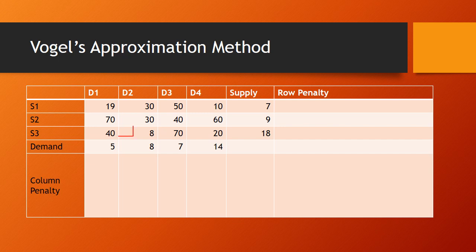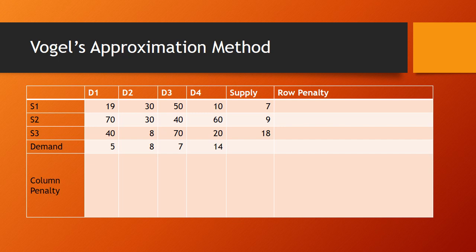Let's say this 8 is the least, so we will choose this in the least cost method. While in Vogel's approximation method we will not choose the cell by either of these methods; we will use a different method. We will compute row penalties and column penalties, and based on them we will choose the cell.